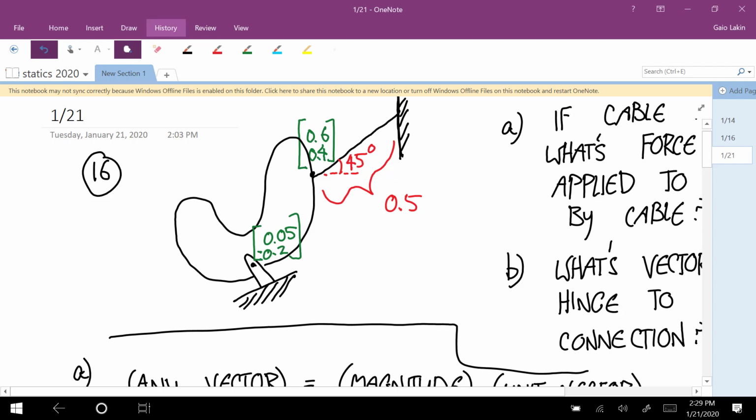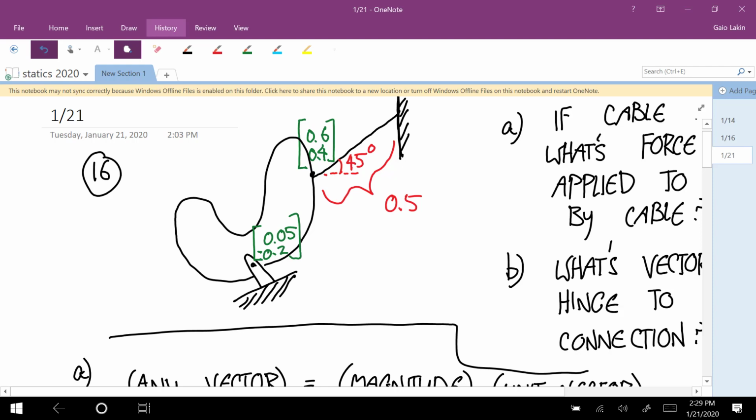This is getting back to what I was saying before about why we would call this force vector the product of some unknown cable tension and a unit vector. This is a two-dimensional problem. So how many useful equations do we have from Newton's second law? Two. And so how many variables can we solve for?